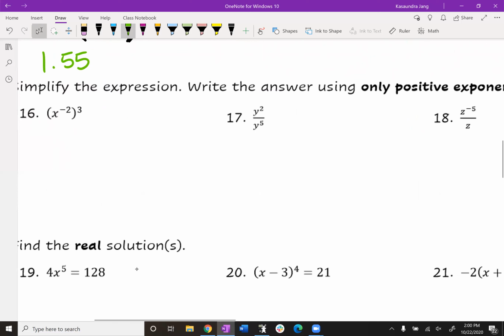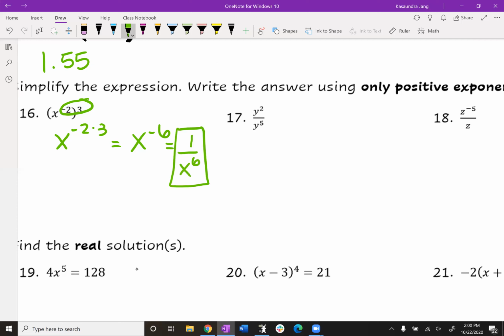One of my rules about an exponent raised to another exponent was that I would multiply those exponents together. So I'm gonna have -2 times 3 is a -6, but I'm supposed to have only positive exponents. So I'm going to do the reciprocal. I'm gonna do 1 over x to the positive 6 now. Okay, it's in the denominator, which is not my favorite, but it does have a positive exponent, so it's considered simplified.